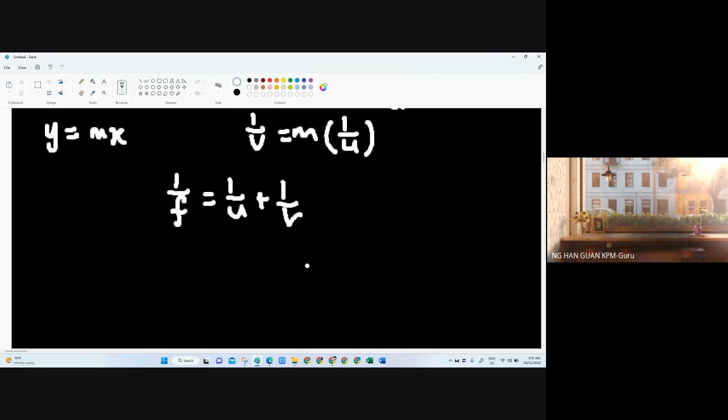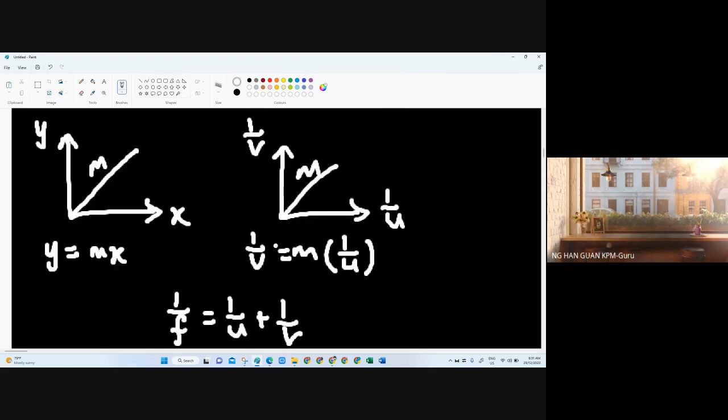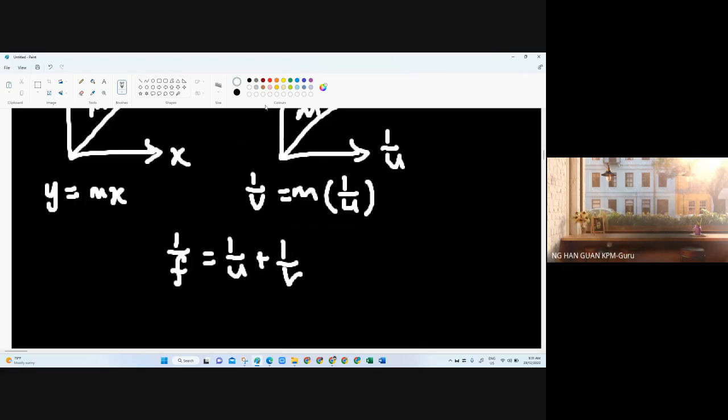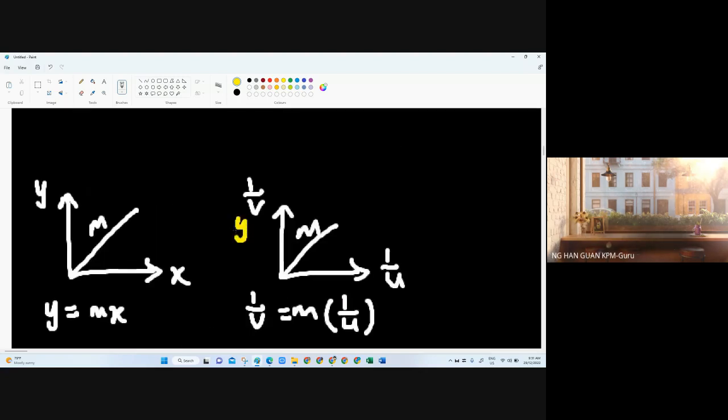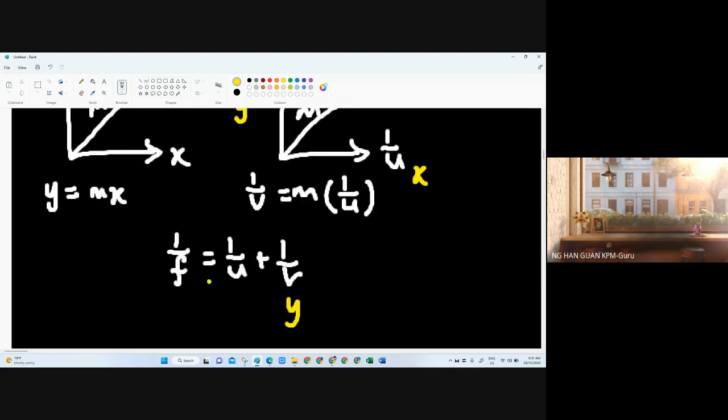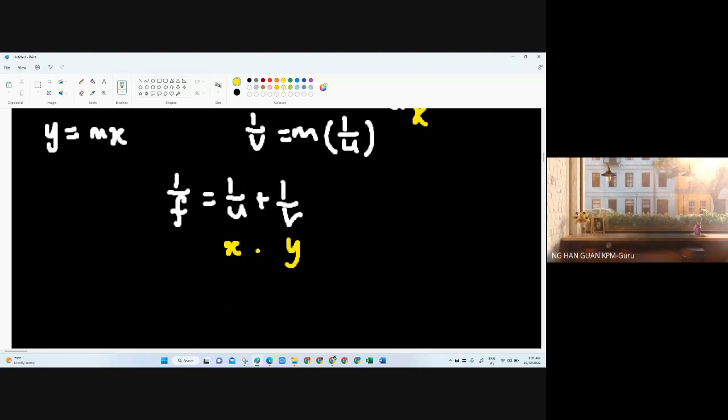Now referring to this graph, this is the y-axis and this is the x-axis. So how are we going to rearrange these equations to make it like the general equation?